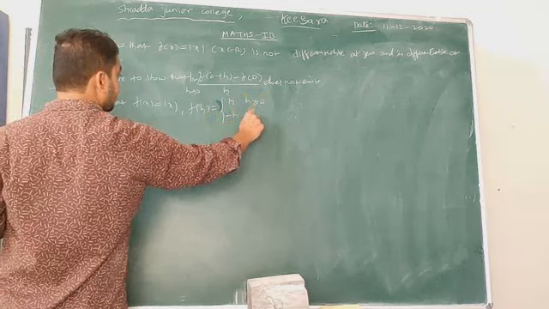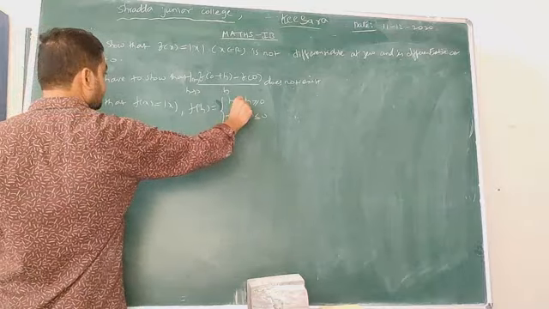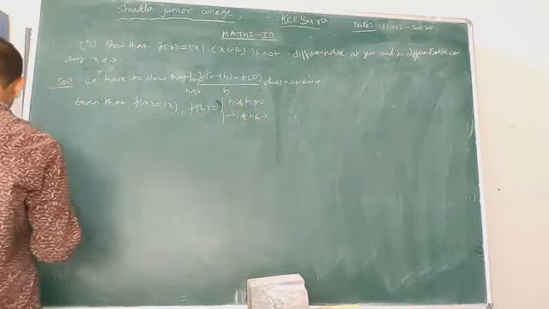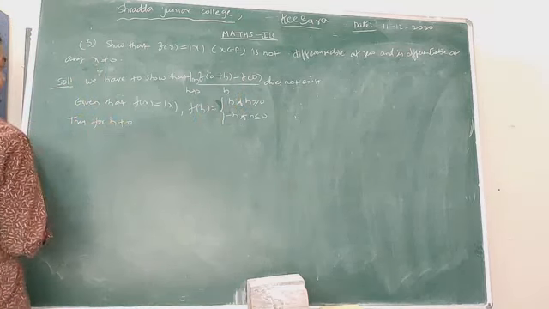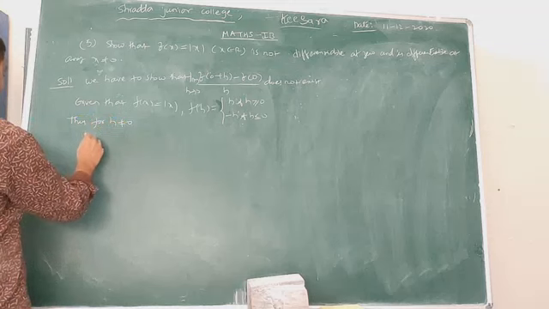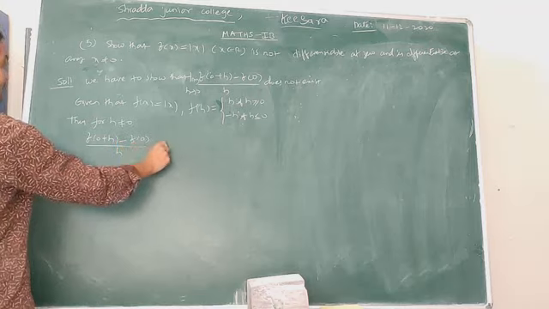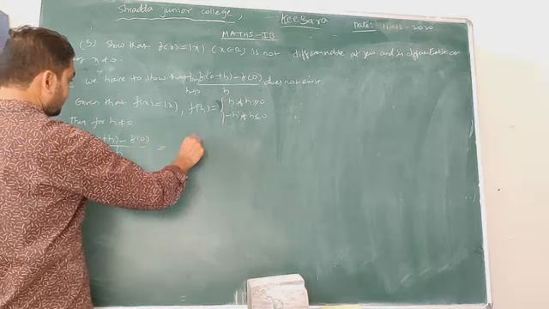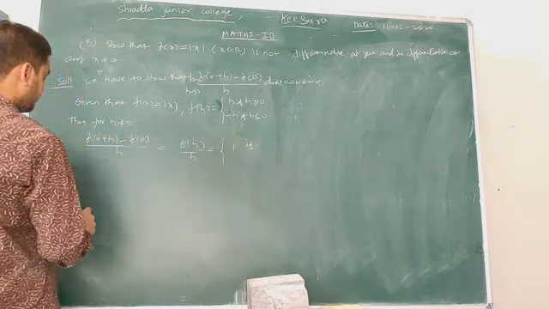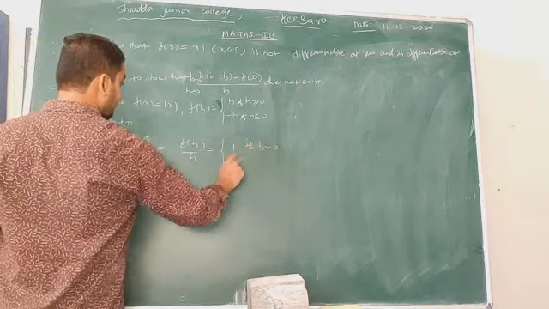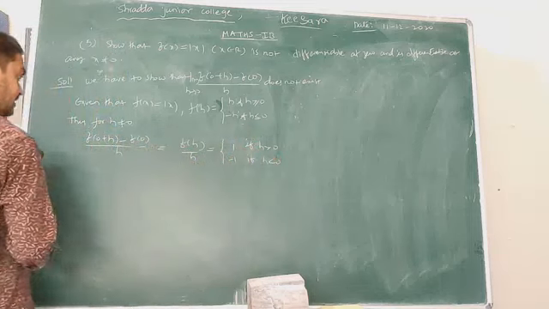Here h is greater than or equal to 0, or h is less than 0. Thus, for h not equal to 0, f of 0 plus h minus f of 0 by h equals f of h by h, and this is equal to 1 if h is greater than 0, and minus 1 if h is less than 0.